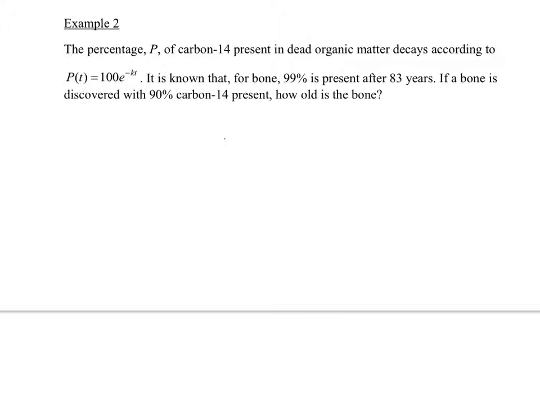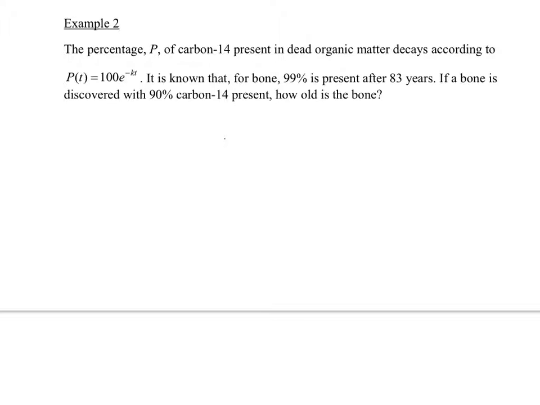So if you wanted to guess from that, if a bone was discovered with just 90% of the carbon-14 left after a while, you could guess that the bone's going to be a little bit older than 83 years. So we need to find out what k is equal to in this example.